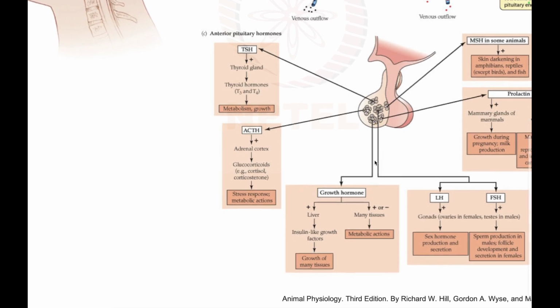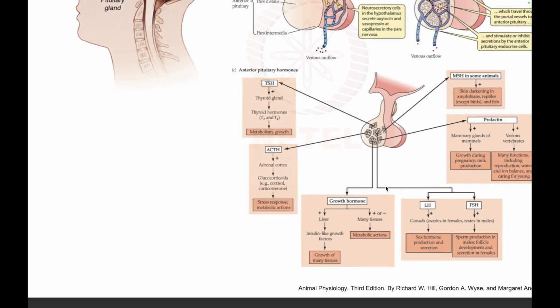Then the pituitary also releases the growth hormone, which will have a positive impact on the liver. So this will release IGF, which is insulin-like growth factors, for growth of many tissues and also other tissues, and that will provide the metabolic actions. Then it also releases the luteinizing hormone and follicle stimulating hormone that will have a positive impact on the gonads, ovaries in females and testes in males.